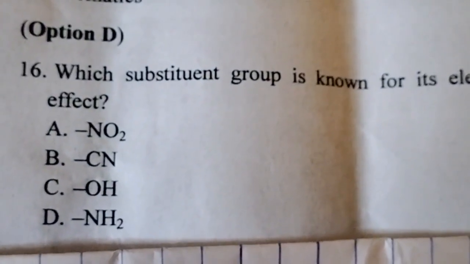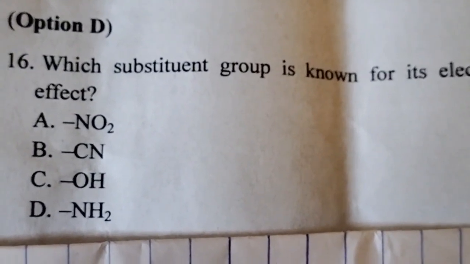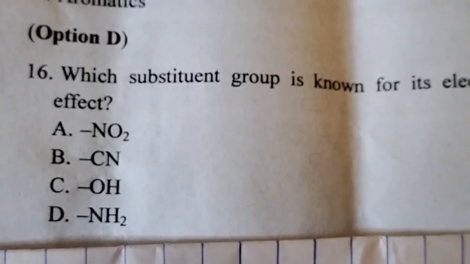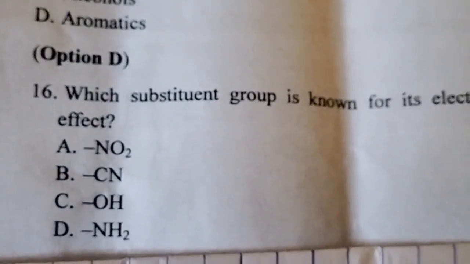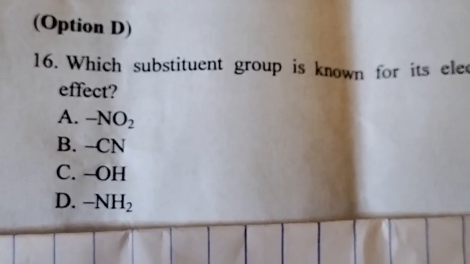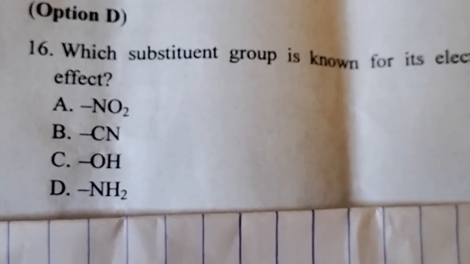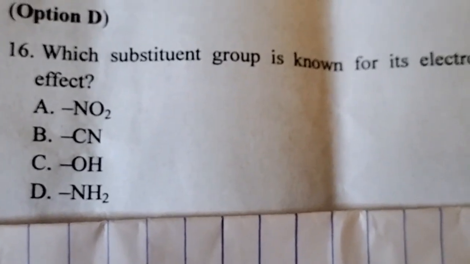Number 16. Which substituent group is known for its electron donating mesomeric effect? A. The nitro group. B. The cyano group. C. The hydroxy group. And D. The amino group. The nitro group and the cyano group do not donate electrons. Rather, they withdraw electrons, which means they destabilize molecules during resonance.